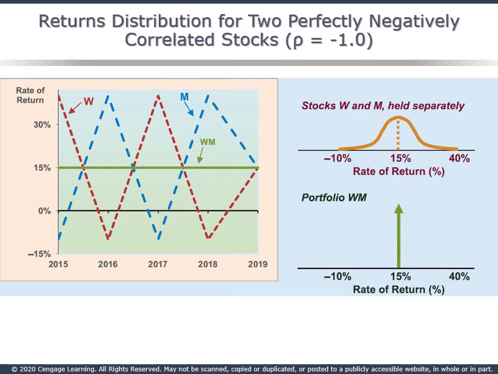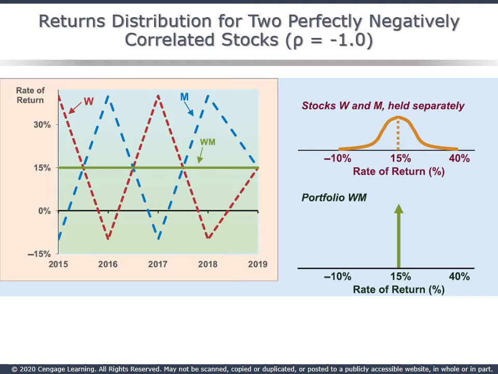We can talk about the appropriate measure of risk in a portfolio context. We might need a little foundation in the concept of correlation. Correlation relates to how two variables move together. So let's say that we have two stocks and their returns.